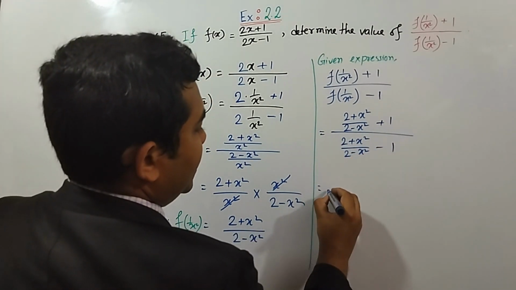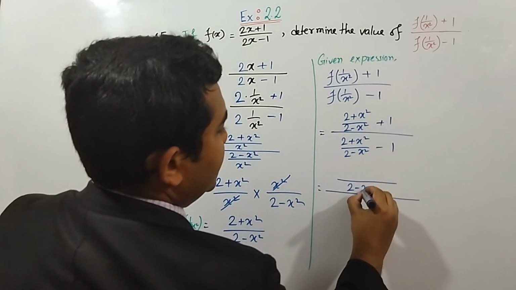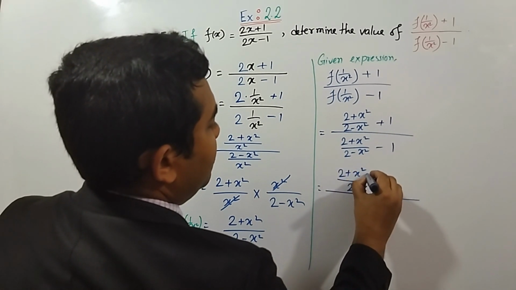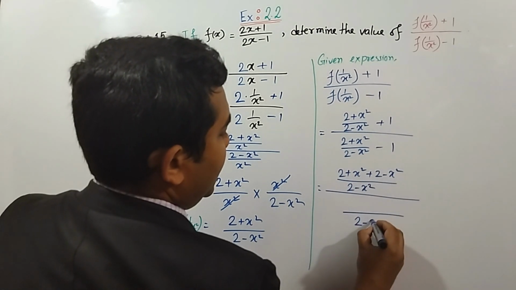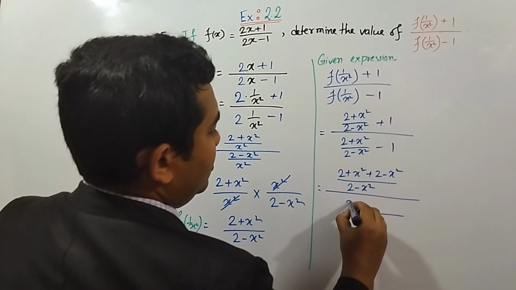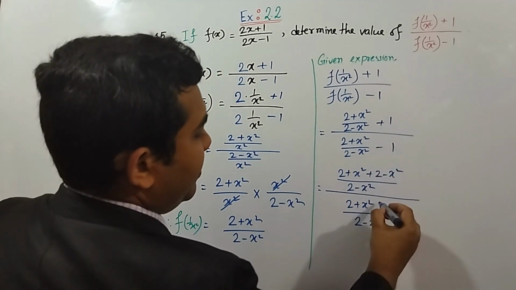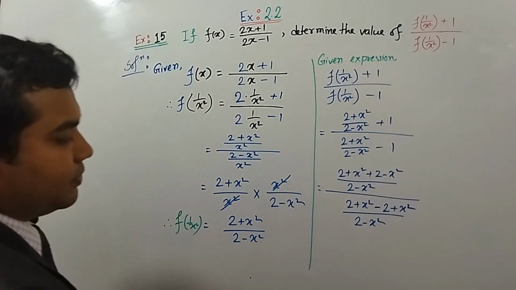So going for the LCM here. 2 minus x square. So 2 plus x square plus 2 minus x square, 2 minus x square, 2 plus x square. Since here is minus, so minus will be multiplied with it. So minus 2 plus x square.